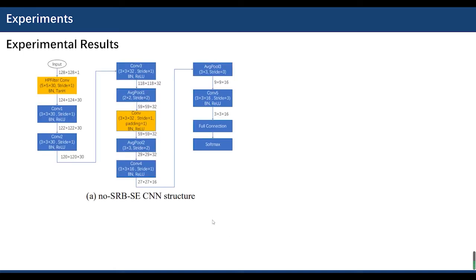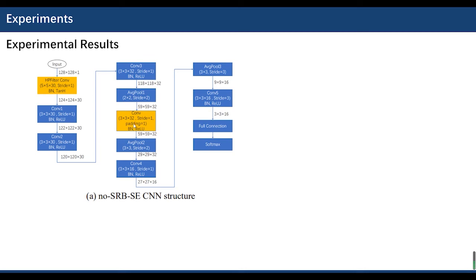In order to test the efficiency of the Steganalysis residue block and the SE block, two experiments are carried out. The first one is called No SRB SE CNN. It is a CNN without the Steganalysis residue block and SE block. Here let's look at this yellow box.